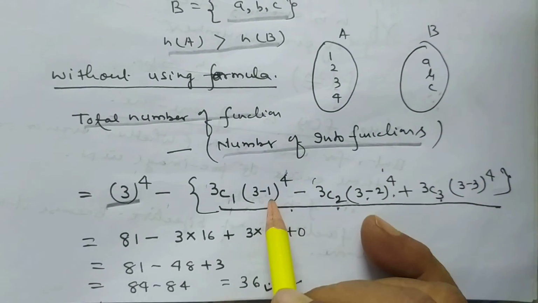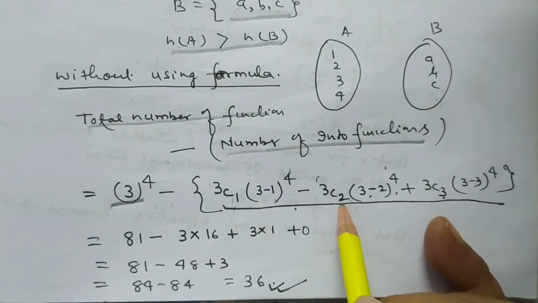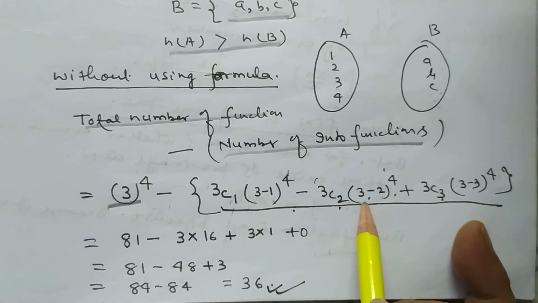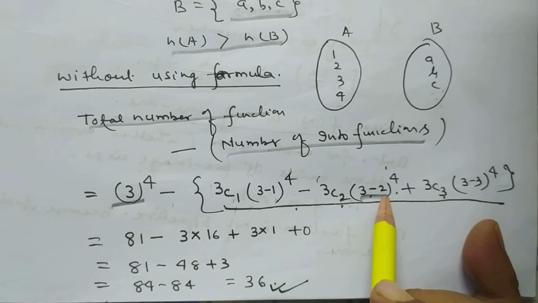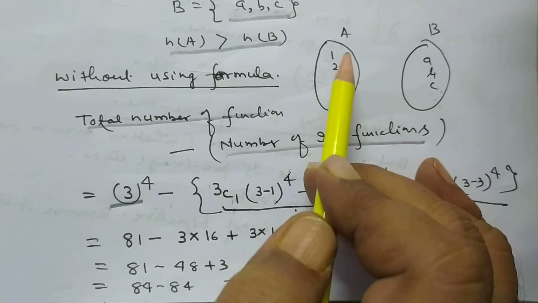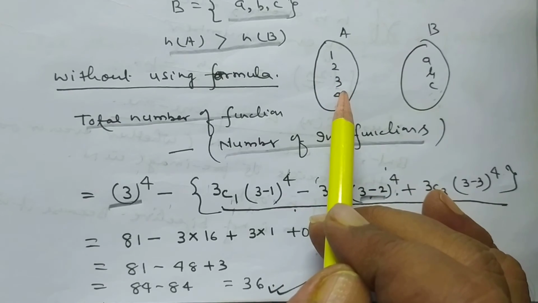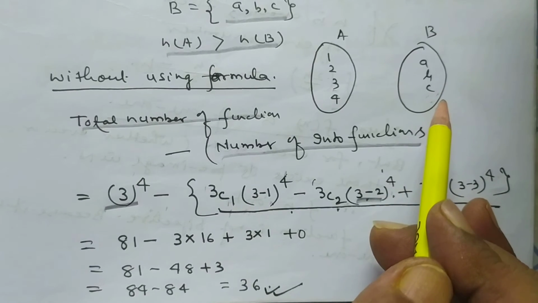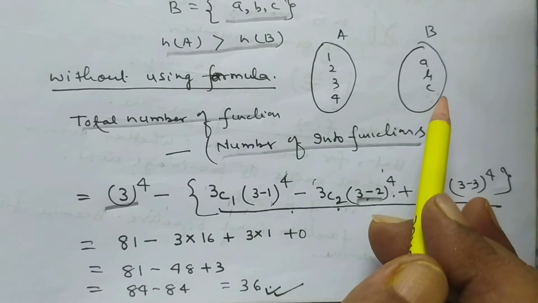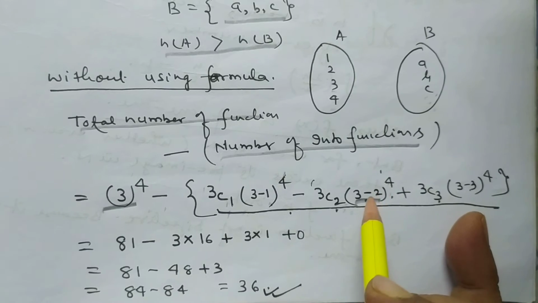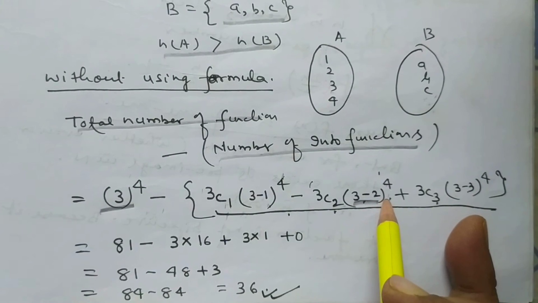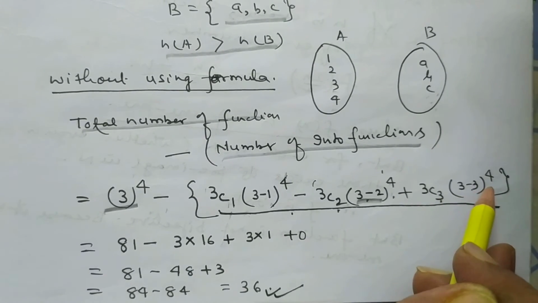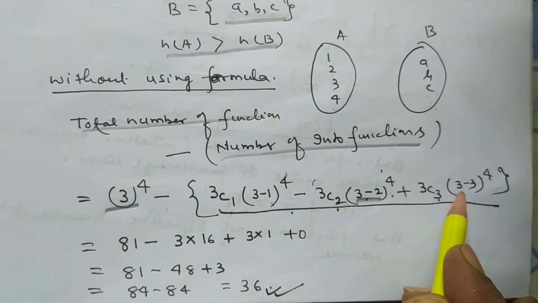So it will be 2 to the power 4 minus 3C2. We have to choose 2 out of 3, so in how many ways can we choose? 3C2. And how many remain? 3 minus 2 to the power 4, because in the domain there are 4 elements. So for the rest, 3 minus 2 elements, how many possibilities do we have? 4 possibilities. So 3 minus 2 to the power 4, that is 3C3, 3 minus 3 to the power 4. This possibility is not possible.